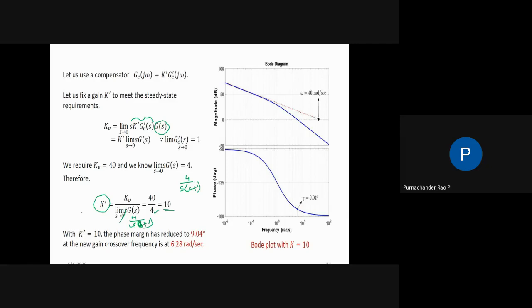So we use this K dash and then we redraw the Bode plot. The value of K must be included in the system. Then we need to draw the Bode plot using this new value. What is the phase margin?